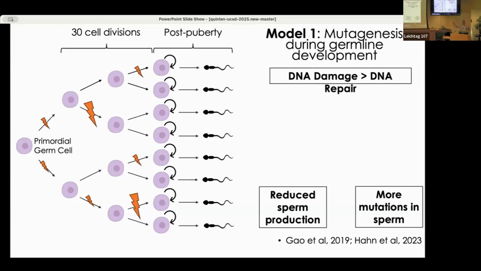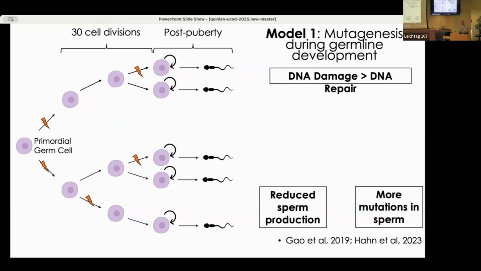That might explain why we see two things. We see a mutation level that's higher at the onset of puberty, the extrapolation of that regression line. We see more mutations in the sperm that are there, and there are fewer sperm, because if the mutation load is high enough, you can imagine some of those spermatogonial stem cells just dropping off and dying, no longer producing sperm.